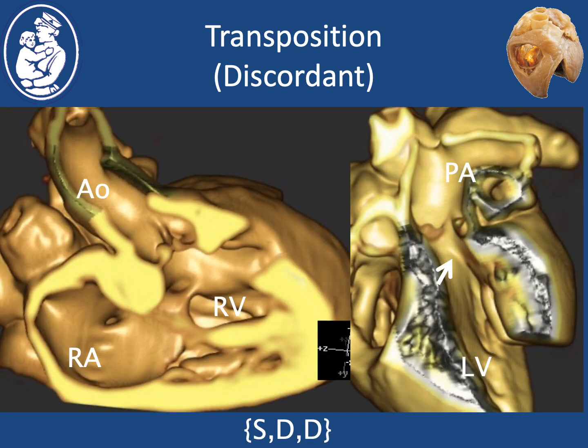The most frequent type of transposition is in situs solitus with D-looped ventricles and D-transposed great arteries, SDD, as illustrated by these cut sections of waxed heart specimens.